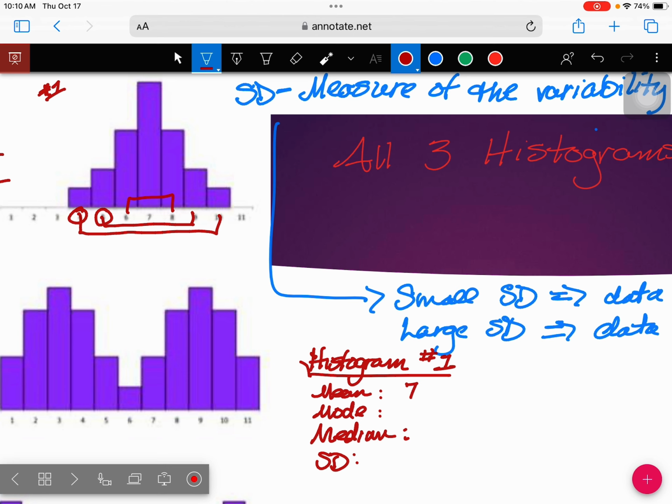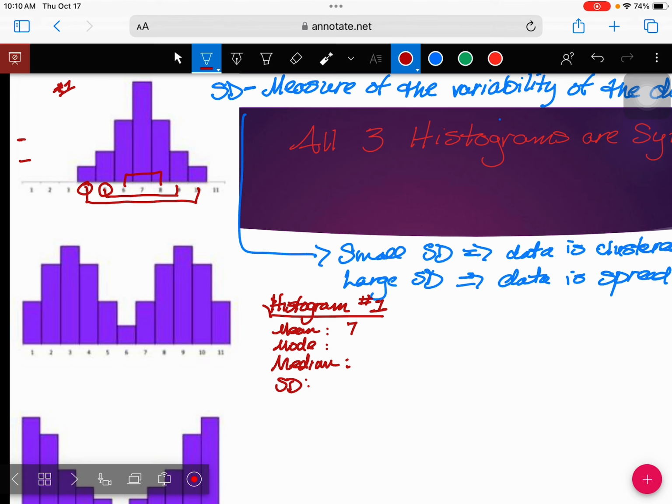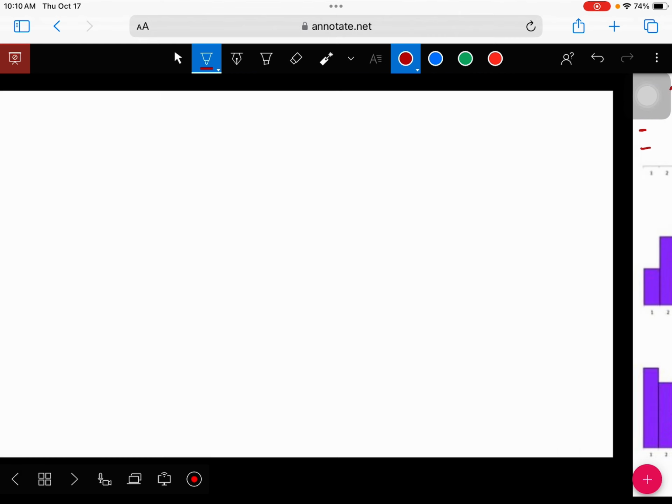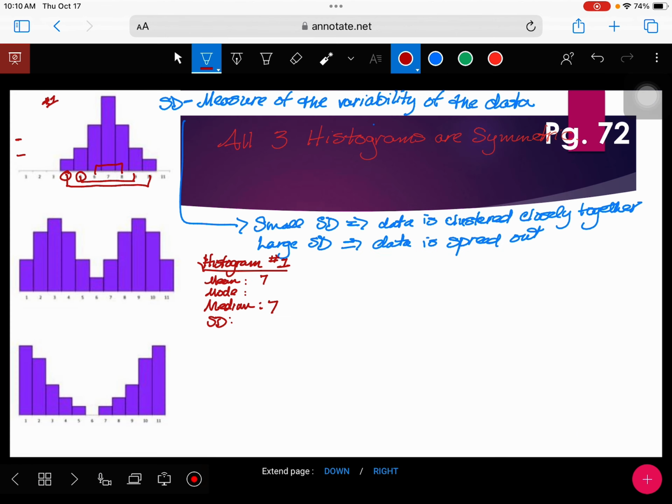Now, if you look on the page before, we have some symmetry and my mean is 7, what else is 7? The median. Yes. The median is the middle. If you have symmetric histograms, the mean is equal to the median.